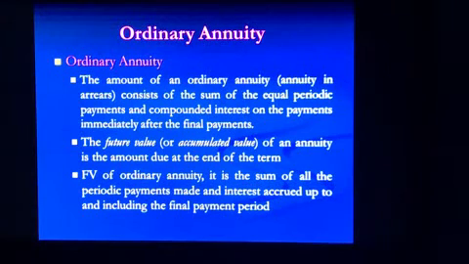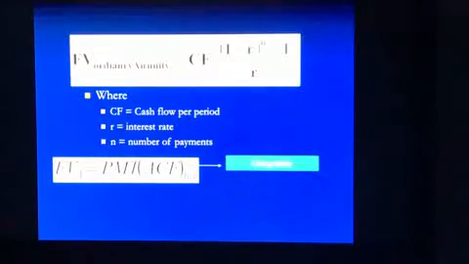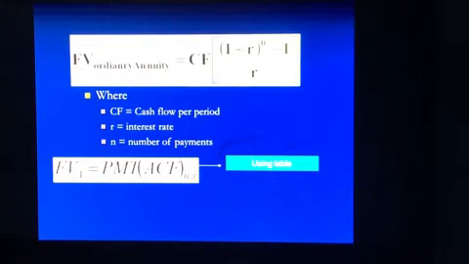Now here we need to calculate the present value and the future value of all these annuities. The same method we will use as we have discussed previously. This is the formula to calculate the future value of an ordinary annuity.